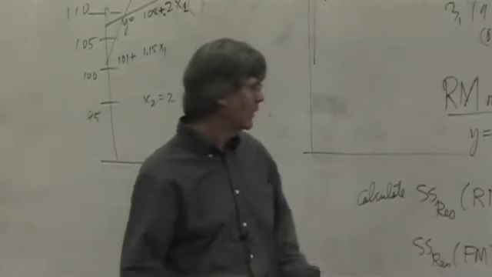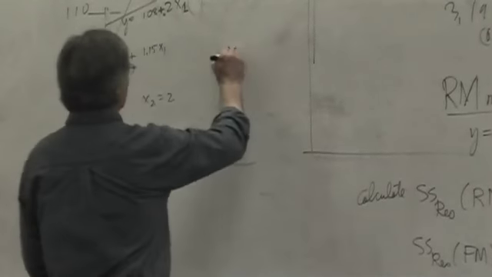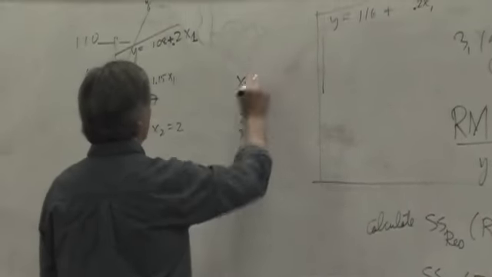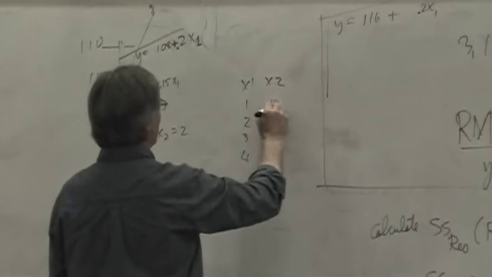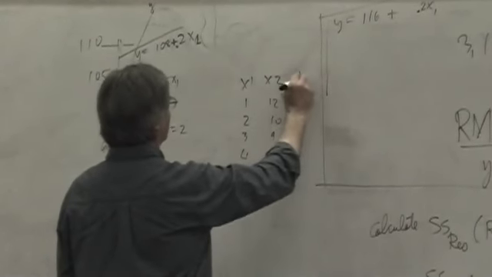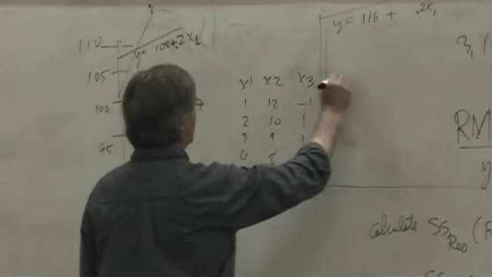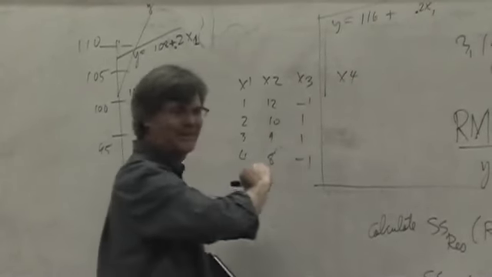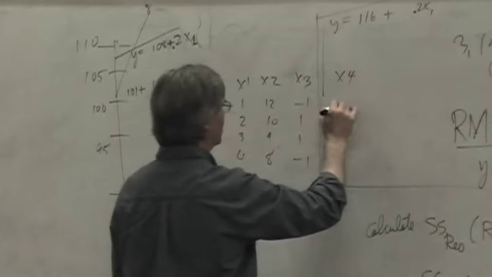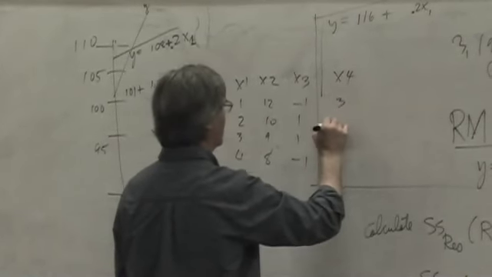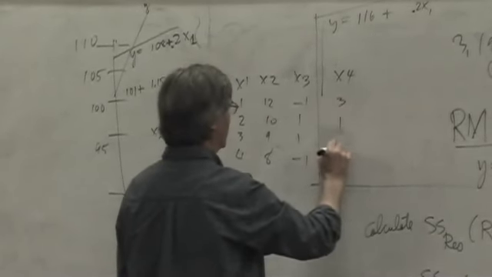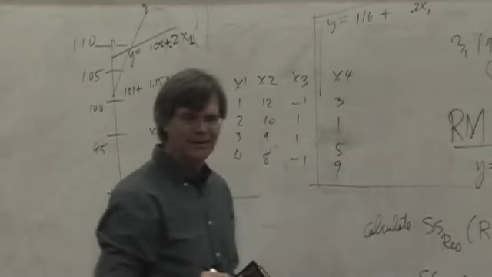Not clear? I would have x1 was 1, 2, 3, 4. x2, let's say, was 12, 10, 9, 8. And x3, minus 1, 1, 1, minus 1. And x4 was, okay, make up something else: 3, 1, 5, 9.